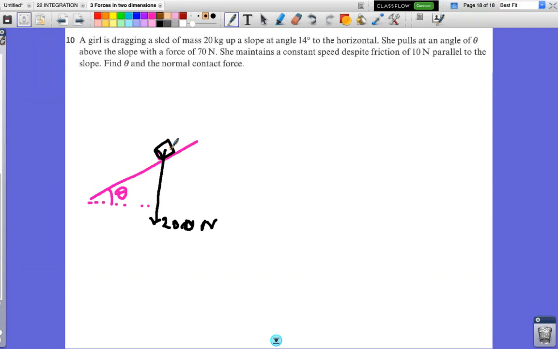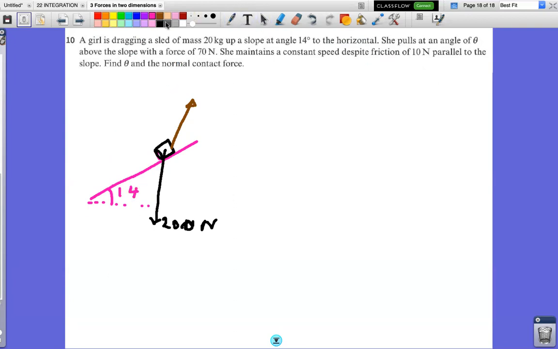So she's dragging at some angle like this. The problem says this angle is 14 degrees.